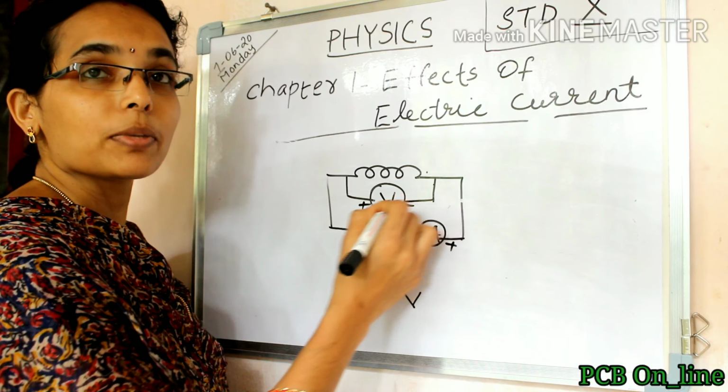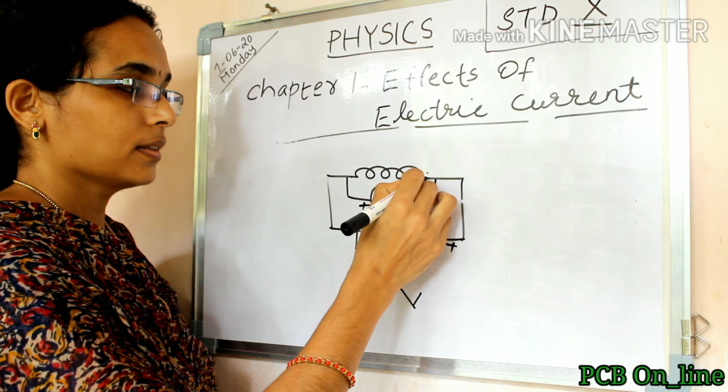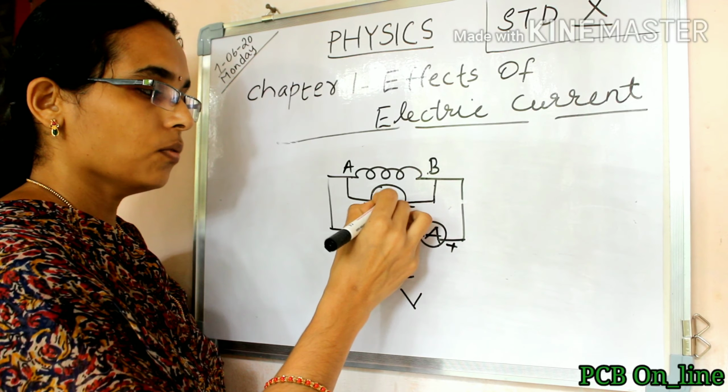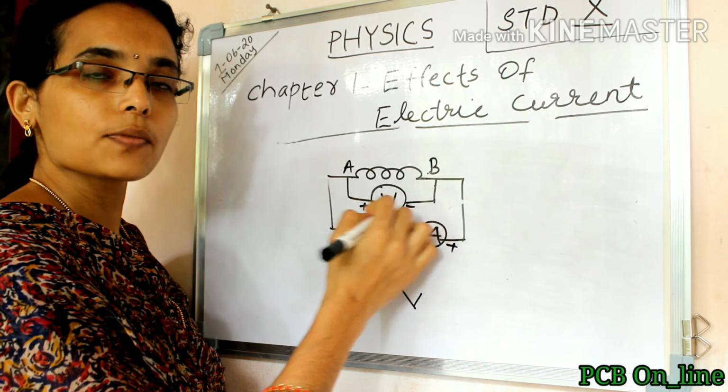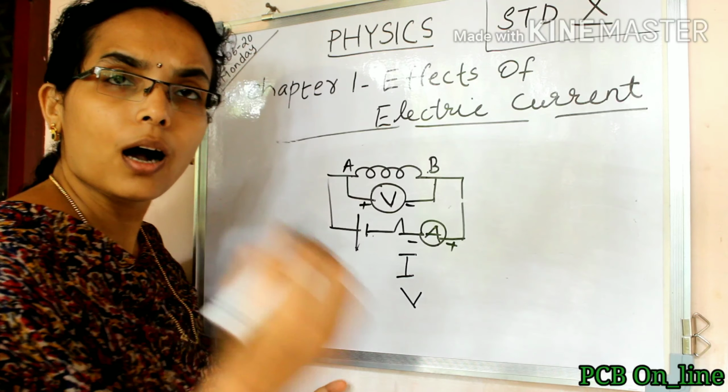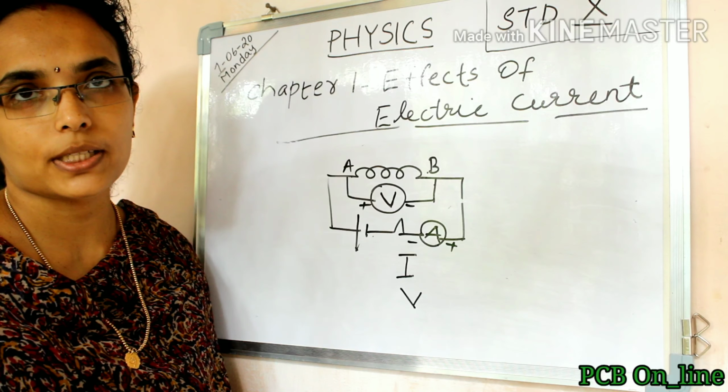The potential difference between the points A and B is V volt. We have taken this as V volt. Now, what is meant by potential difference, or how can we define potential difference?